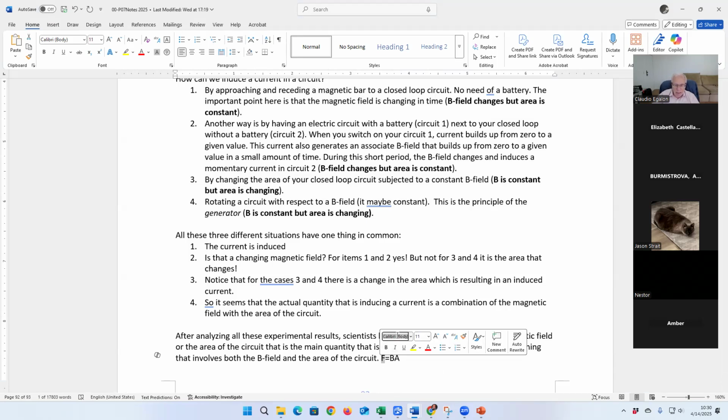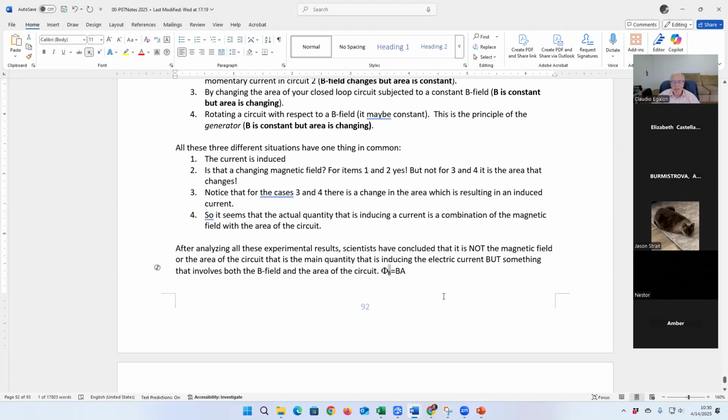Okay? Symbol. We talked about flux before, right? But we talked about the electric flux. The magnetic flux is also important. Okay, and let me just put it here. There's something else here: cosine of the angle between the magnetic field and the area vector.